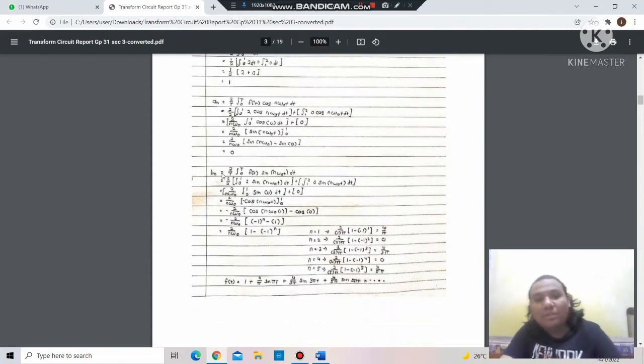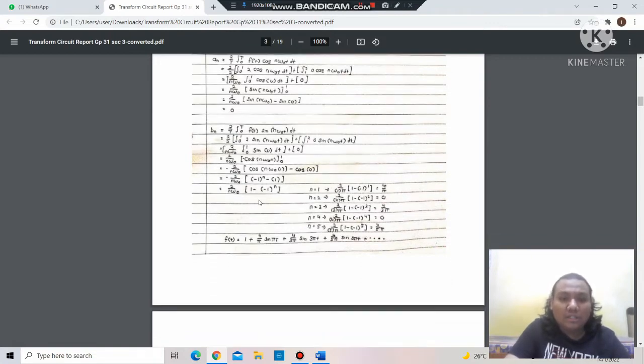After that, we need to find the Bn. This is the equation of Bn. To get the answer, we need to substitute all the things in the equation, and we get the last equation: 2 over n pi times (1 minus (-1) to the power of n).